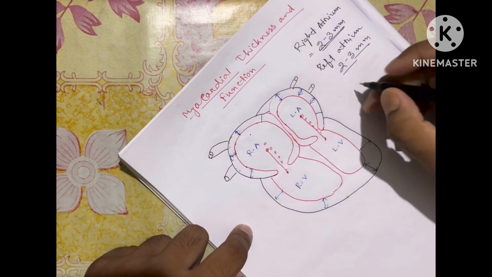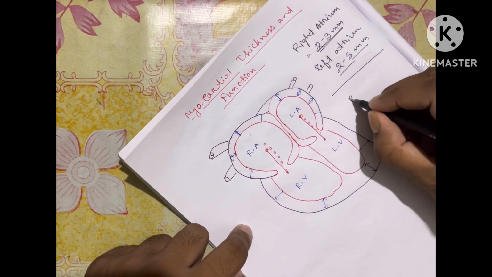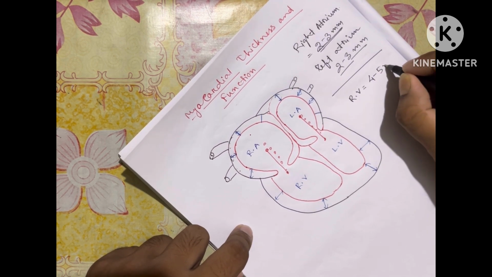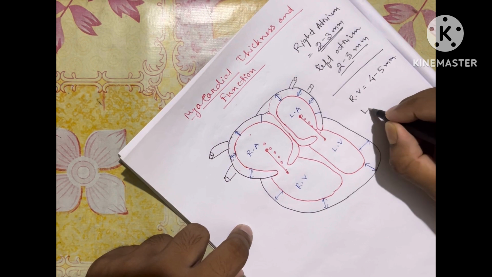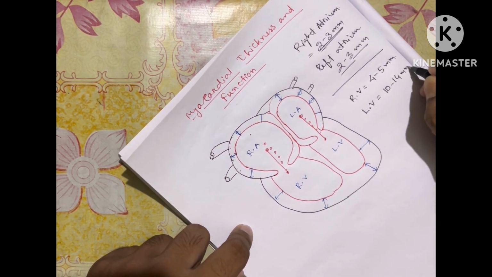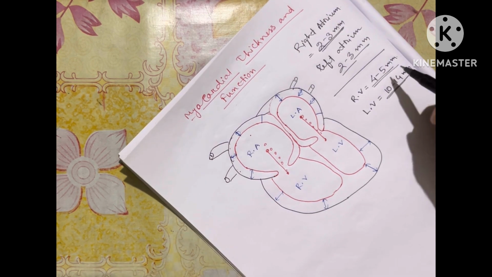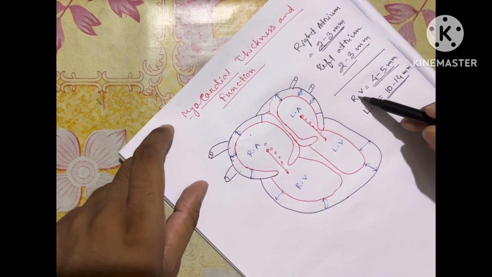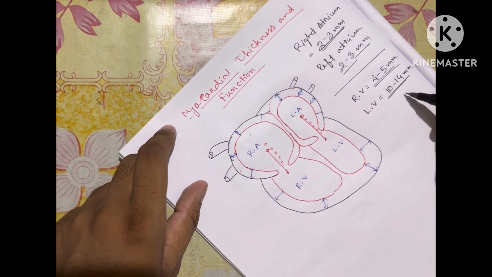The right ventricle is 4 to 5 millimeter, but the left ventricle is almost 10 to 14 millimeter. We need to discuss the basic purpose of this difference.